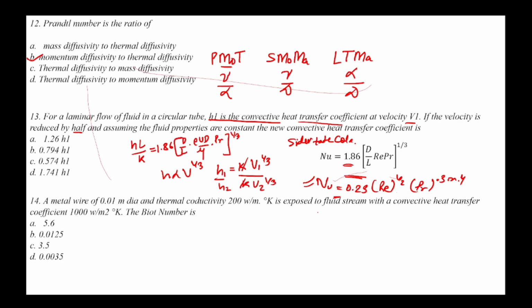So I'll solve here. h1 upon h2 is equal to V1 upon V2, where V2 is V1/2, to the power 1/3. So h2 is equal to (1/2) to the power 1/3 times h1. What is the value?